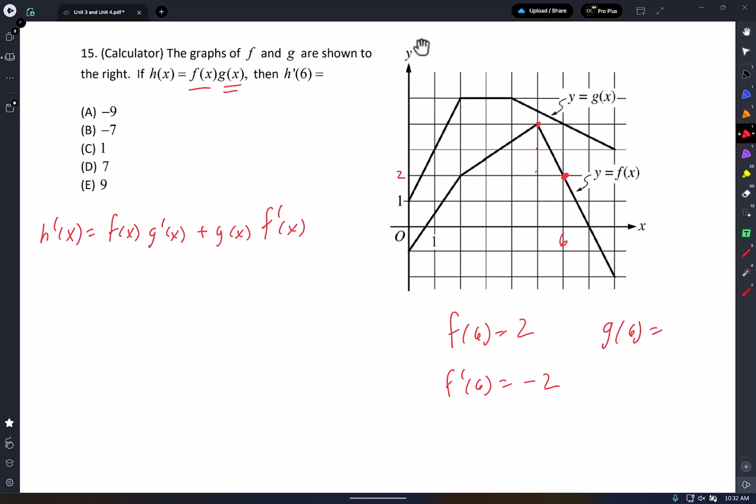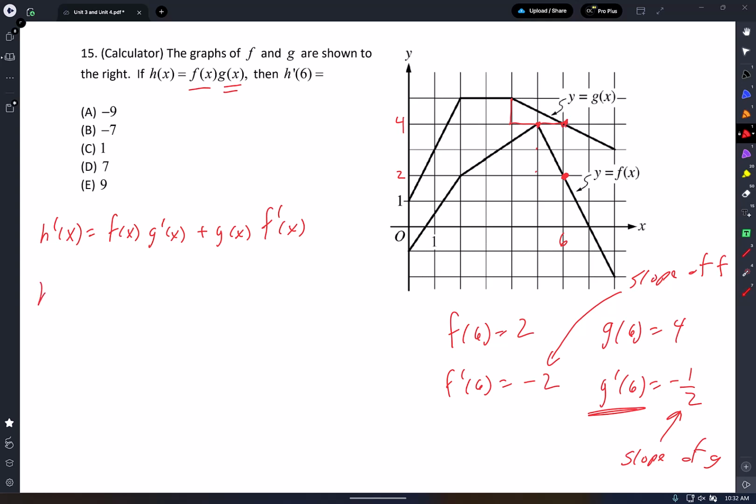G of 6 is, here's g, 1, 2, 3, that looks like 4 to me. And g prime of 6 is negative half. So these are just slopes, the slope of f and slope of g, because it wants g prime of 6, right?